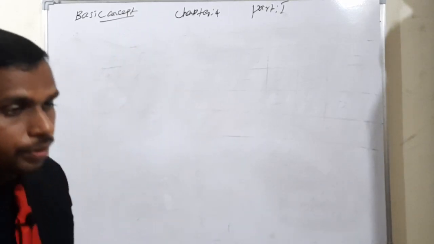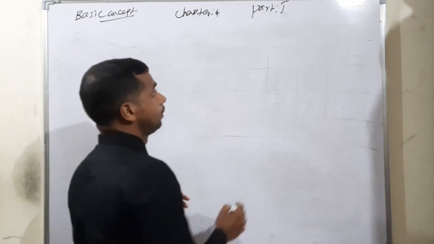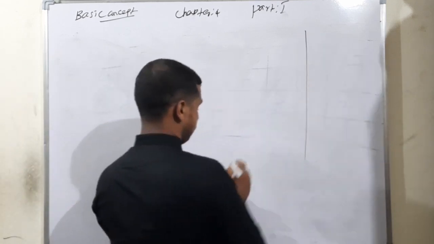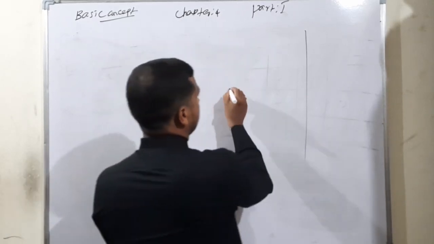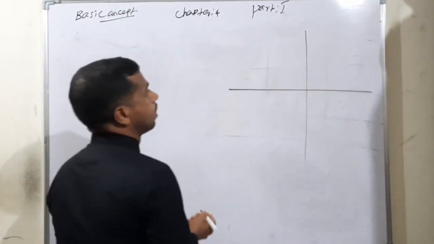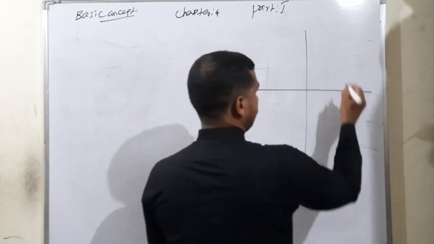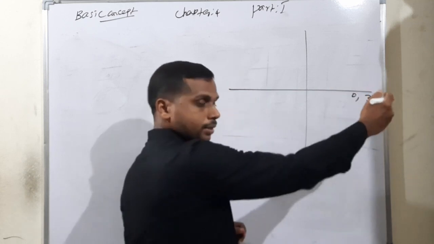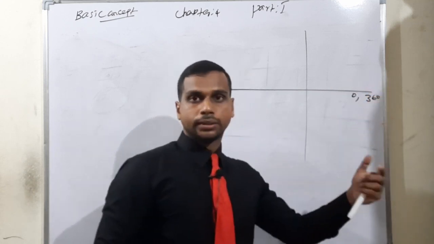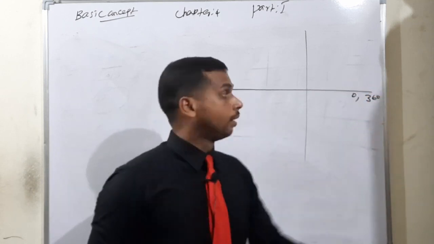So now I am moving to the unit circle form. Unit circle. This is actually 0, 360 or 720, it keeps moving on: 0, 2 pi, 4 pi.